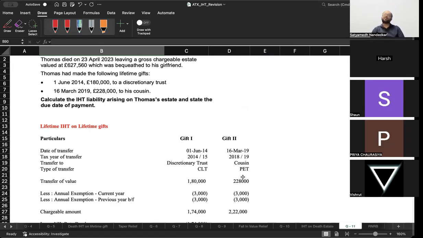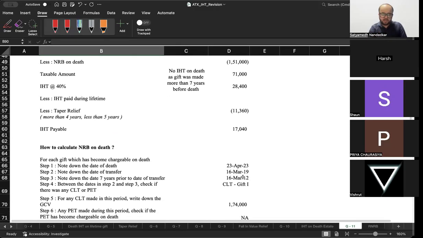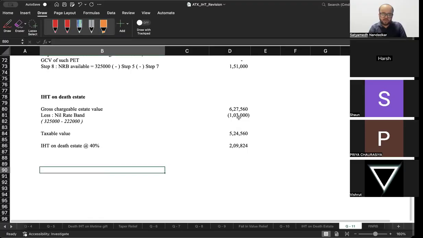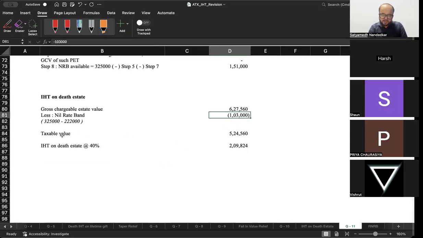There was a gift to his cousin of 228,000 pounds. Calculate its GCV: 228,000 minus 3 minus 3, 222 will be the amount of GCV. Subtract 222 from 325, and you will get NRB on death estate of 103,000. After subtracting that, how much did you get?